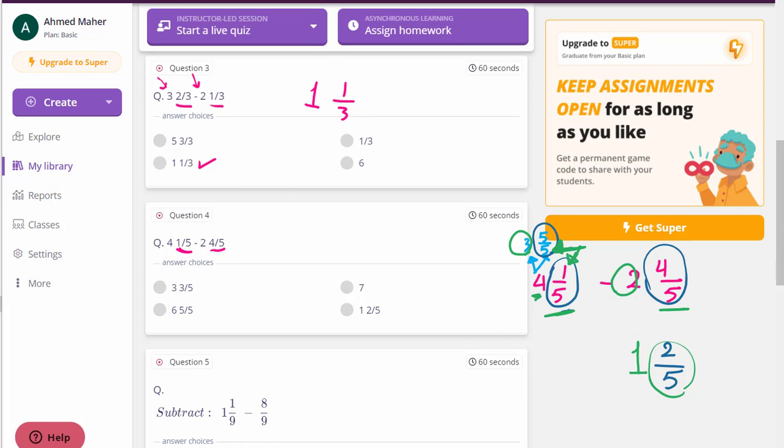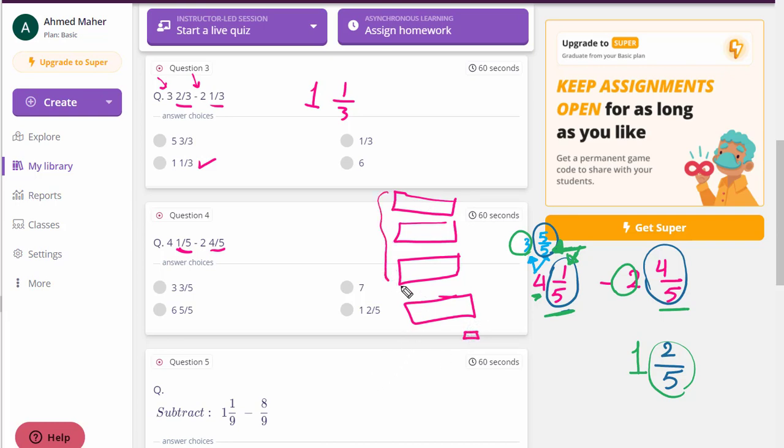Mr., what? Yes. You mean why we break 4? Because I cannot subtract 1/5 minus 4/5. This is 4. Take one whole from the 4 wholes that you have. This is 4: 1, 2, 3, 4, and 1/5.